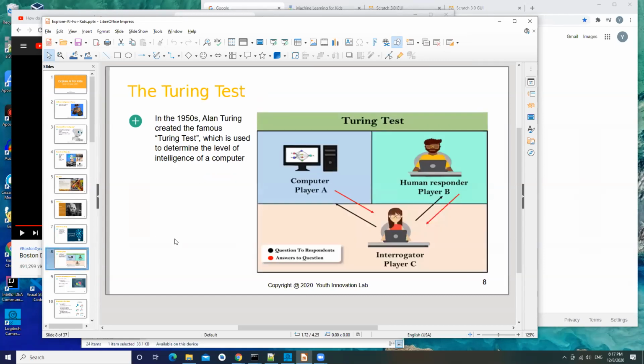So it comes out with a very famous theory, which is called the Turing test. Okay, does anybody know this term, or have the basic idea about what this refers to? Okay, so I give you a basic idea.